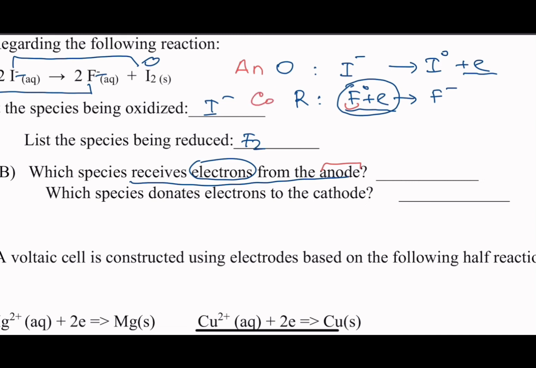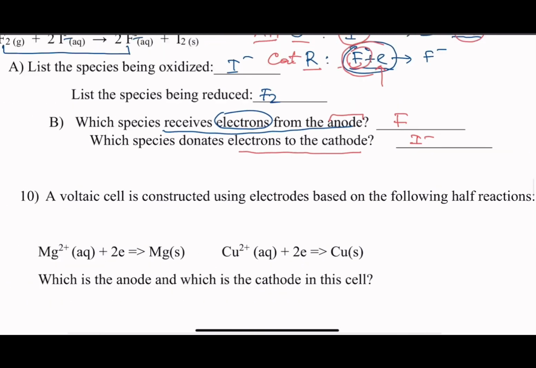Red cat: at the cathode we have reduction, at the anode we have oxidation. So which species receives electron from anode? The anode donated electron to the cathode, and who took it? Fluorine. And which species donates electron to the cathode? You see the electron is here. Who donated it? This iodine minus gave out the electron.